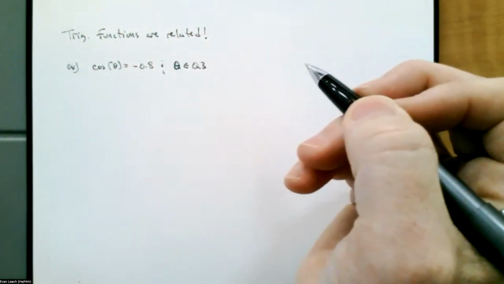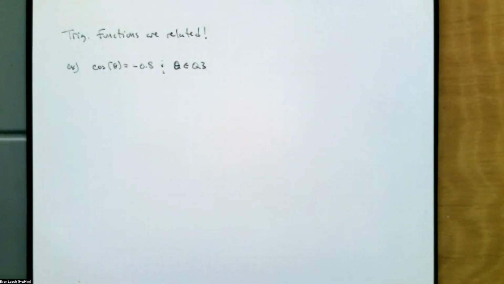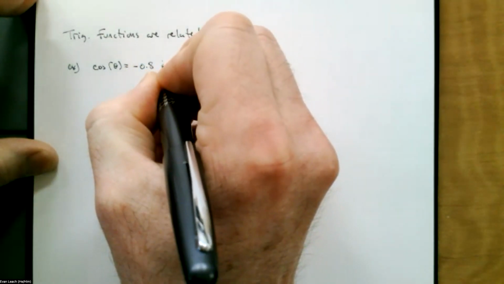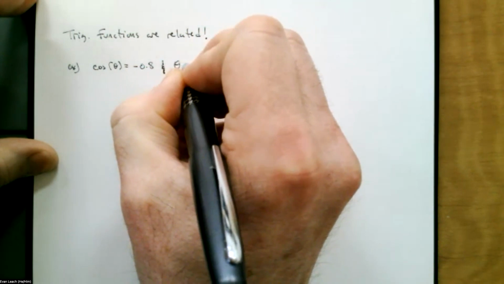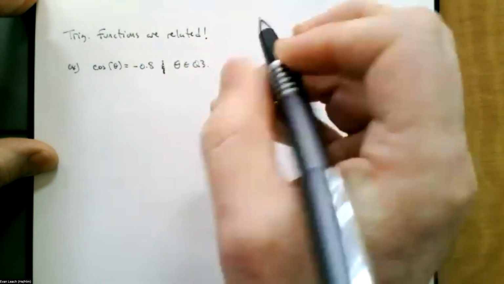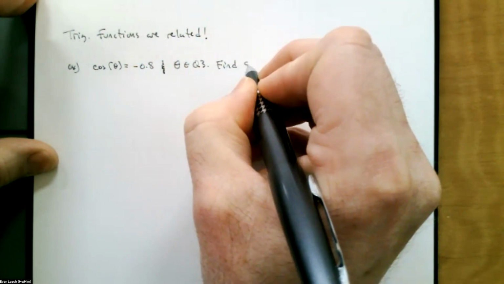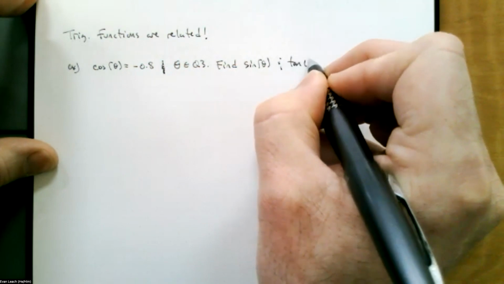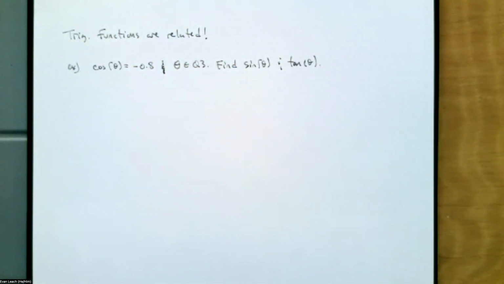Although my theta kind of got a Q. Same question. So we know the answers: negative 0.6 and 0.75.